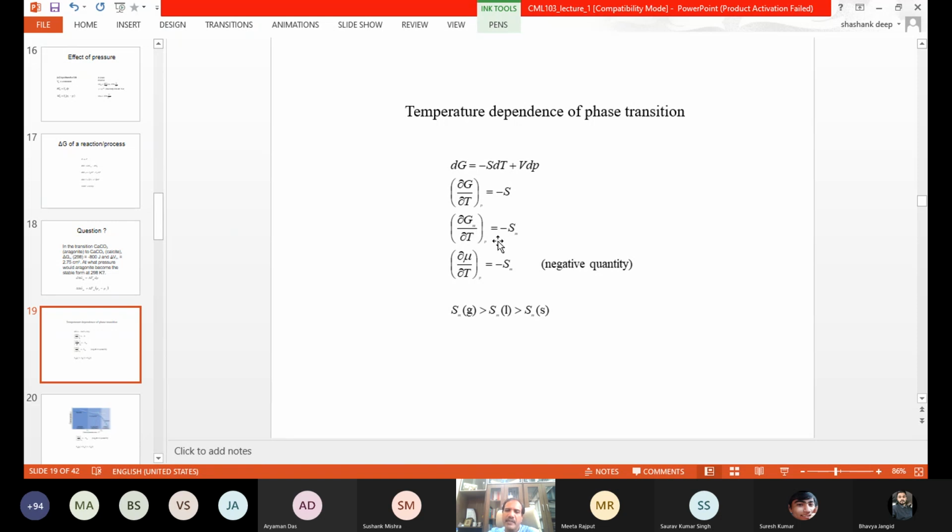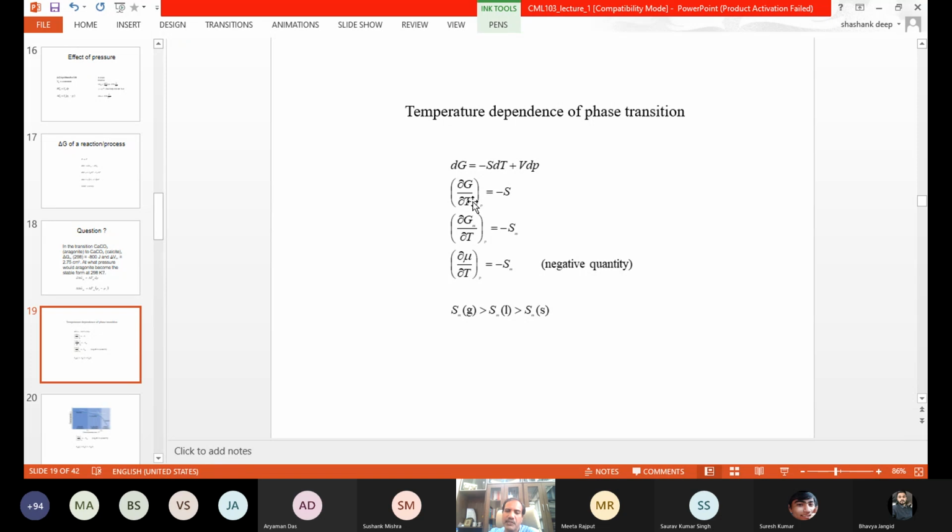So del Gm by del T is minus Sm. We know that Sm of gas is greater than Sm of liquid, and the molar entropy of solid is smallest. So what we expect is that free energy should decrease with temperature, because S is a positive quantity.